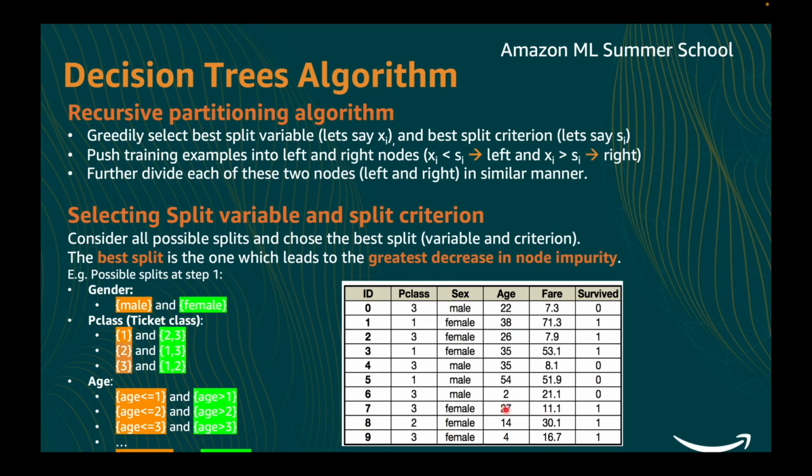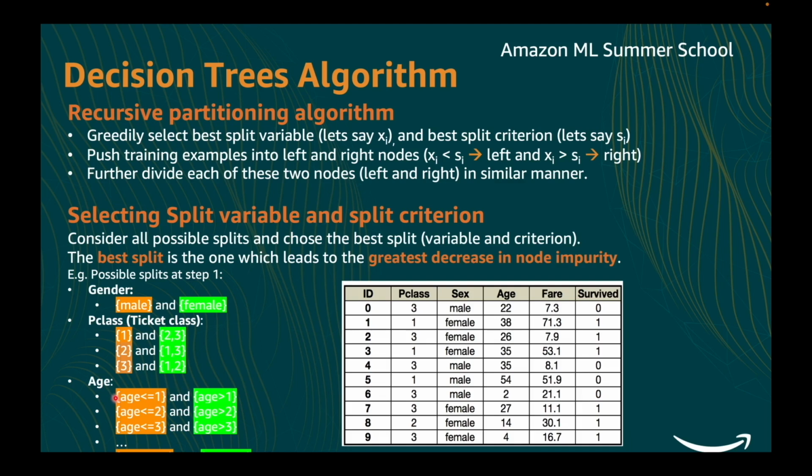We can have gender as one split criteria, which can be male or female. So x1 will be gender, and s can be male or female. We can also use age as a criteria. For example, it might be that all of the ages between 1 and 80 could be valid split criteria, and as you can see over here, it'll give us two nodes.